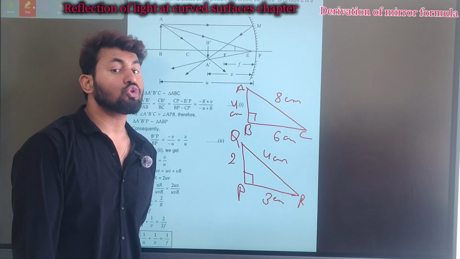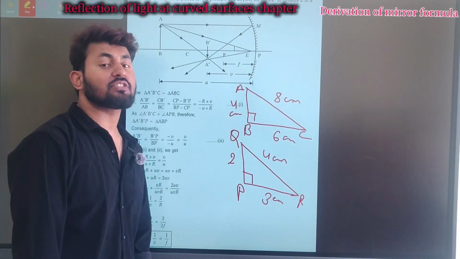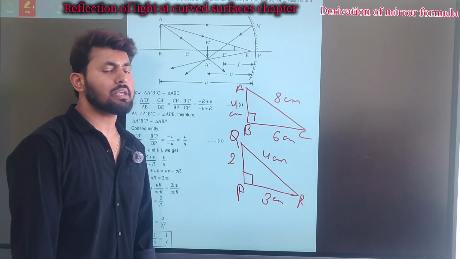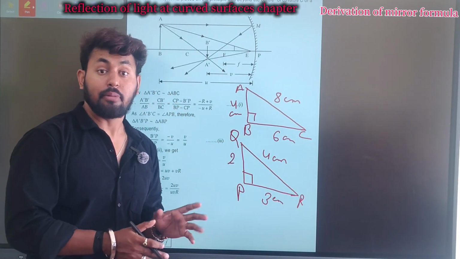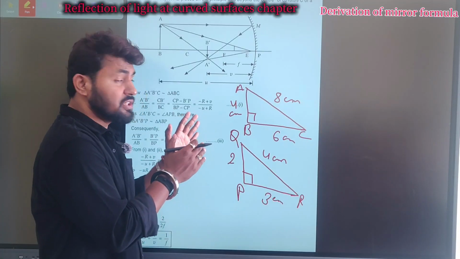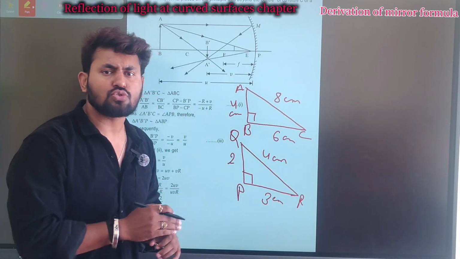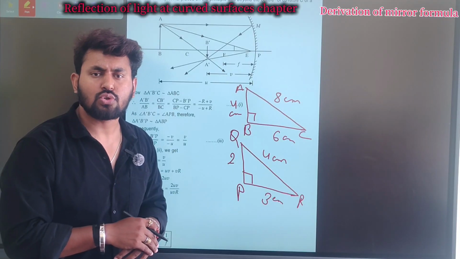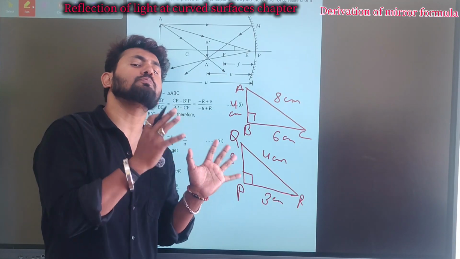Now, if I want to prove that these two triangles are similar to each other, that doesn't mean that these two triangles will have the same measurements. But the important thing is that the ratios of their sides should be equal, so that I can prove it by one property.